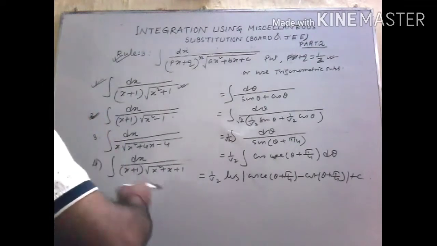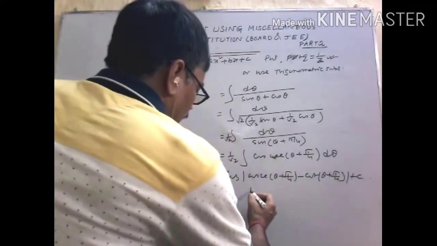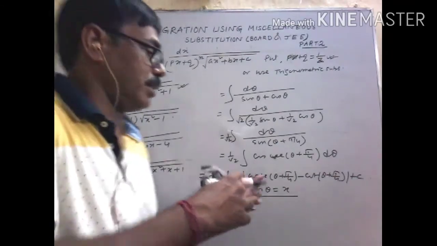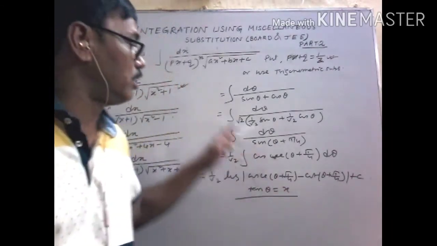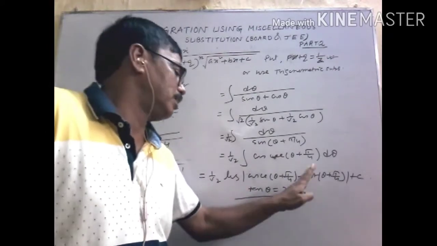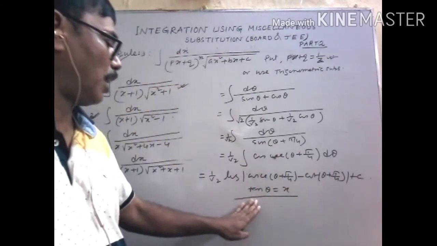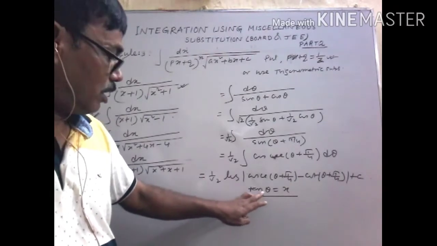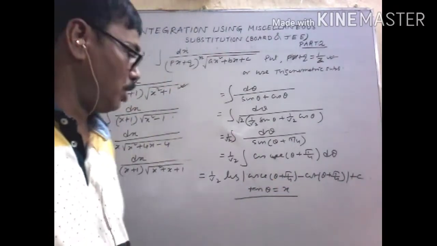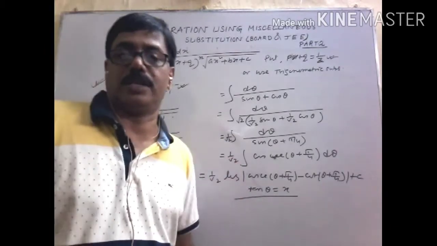Now we have to express it again in terms of x, where tan theta equals x. In this case integration is simple, but you have to express tan theta in terms of x. From tan theta you have to find cosec theta plus pi by 4 and cot theta plus pi by 4. Putting the value, you get the result.